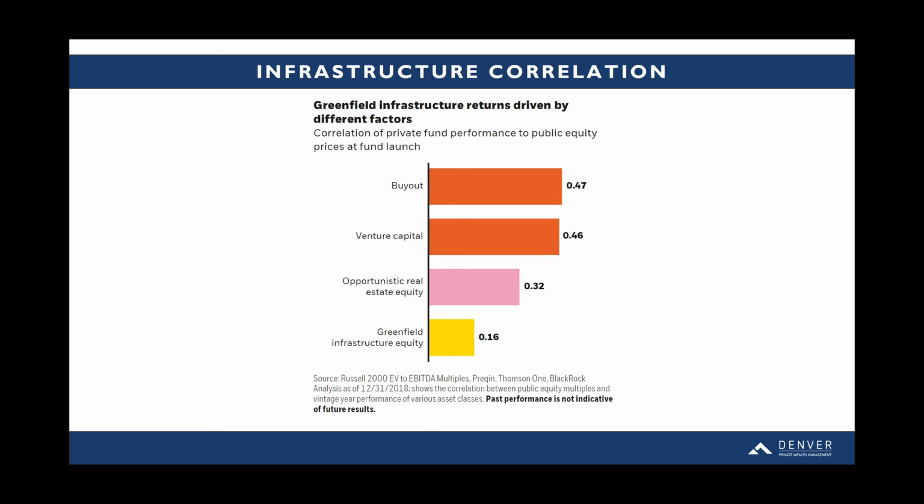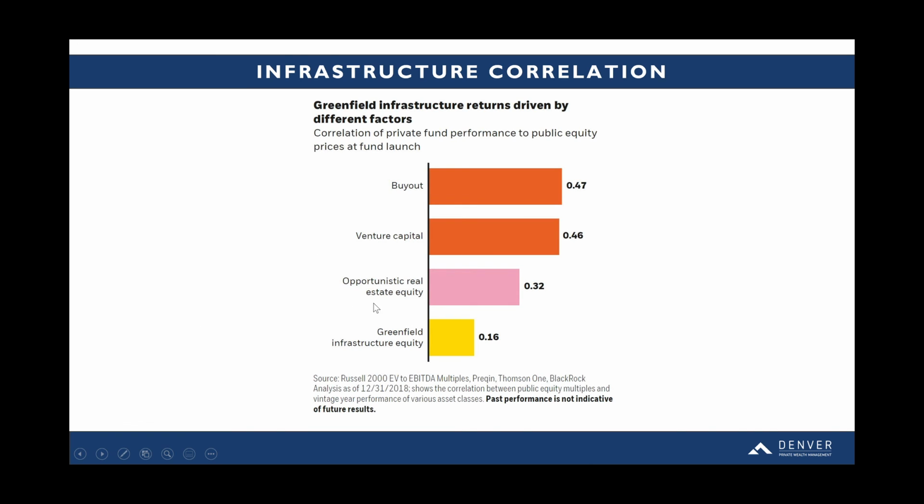Finally, what is going to make infrastructure so popular is the uncorrelated returns that we see relative to public stocks. So if you've been following along in the series, the main focus here is the asset allocation, uncorrelated return drivers, return streams, right? So within your portfolio, you're always going to be wrong at some point. So you want things that aren't related to the success of, or the demise of each other asset class.